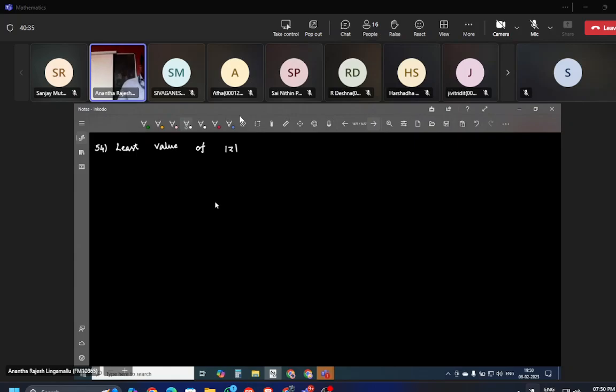Least value of mod z, where z is a complex number which satisfies: exponential of mod z plus 3 into mod z minus 1 by mod of mod z plus 1, log 2 to the base e, greater than or equal to log of mod of 5 root 7 plus 9i with base root 2.